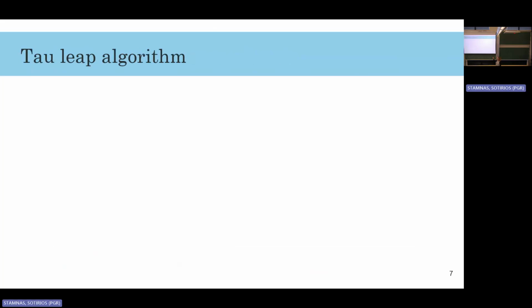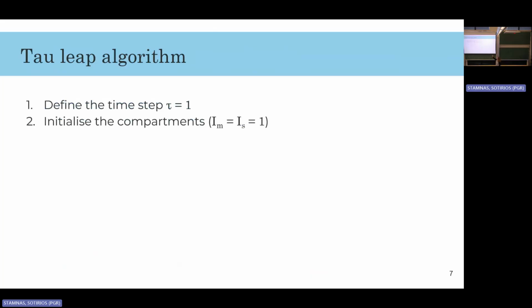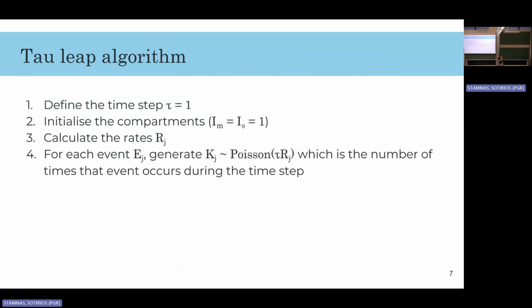The tau-leaping algorithm is an approximation of this, which we use because it's much, much faster. We have a time step tau equal to 1, so 1 day in this model. We initialize all our compartments, so we start with 1 mild case, 1 severe case, and assume everyone else is susceptible. We calculate all our rates, which is what was in the previous table. Then for each possible event, we generate the number of times each event happens during this time step of 1 day.